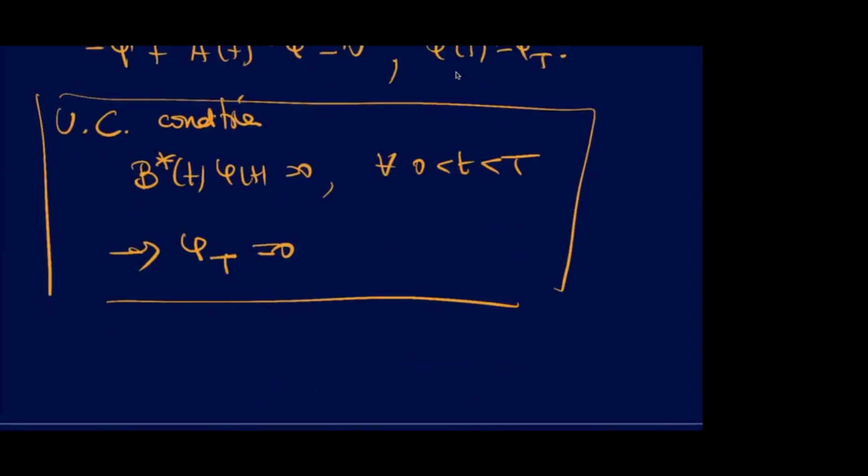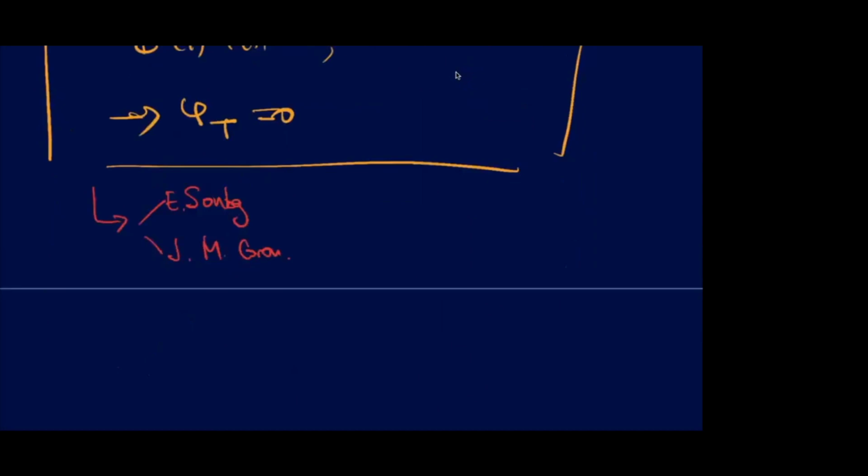So you can see this, for instance, both in the book of Eduardo Sontag, and also in the book of Jean-Michel Coron, devoted to the control of ordinary differential equations, right?